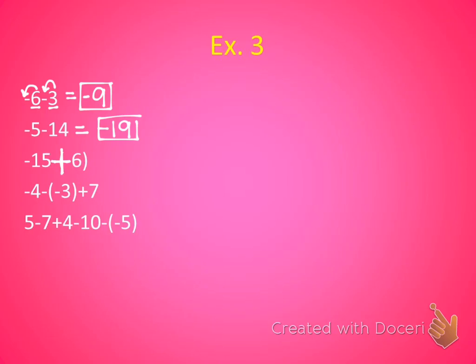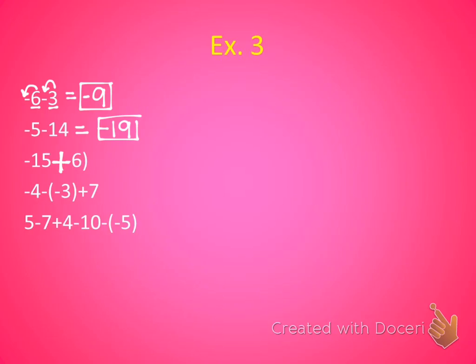Two negatives side by side always, always, always equals a positive. Always, no matter what. Two negatives side by side always equals a positive. So what I have here, I had negative and negative. So this is what I like to do. I like to connect them, and we make this parenthesis a plus, because there's always going to be a parenthesis in between them.